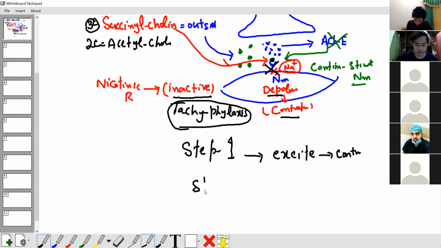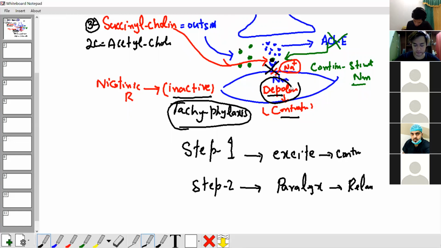Step two, when succinylcholine continuously stimulates the receptor, then what happens? No response, then the muscle is paralyzed, the muscle relaxes, no depolarization. So first depolarization is done, leading to contraction, then no more response.